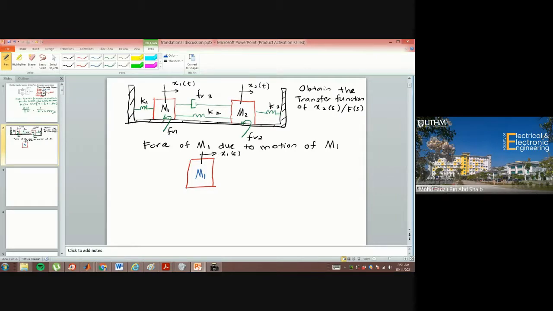Now, in M1, what forces do we have here? We have K1, we have FV1, we have FV3, we have K2, and we have M1, and that's all the force. I missed something here.